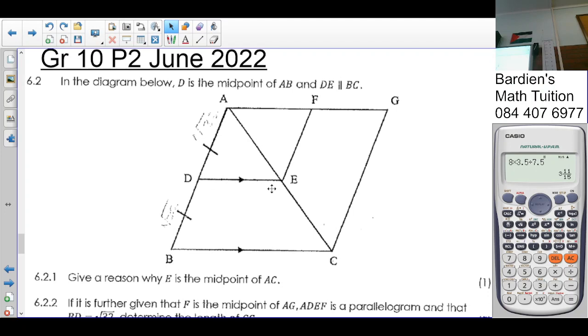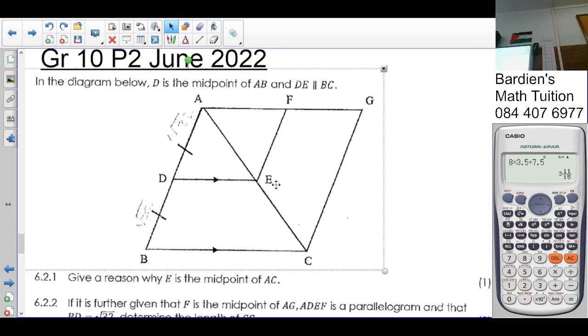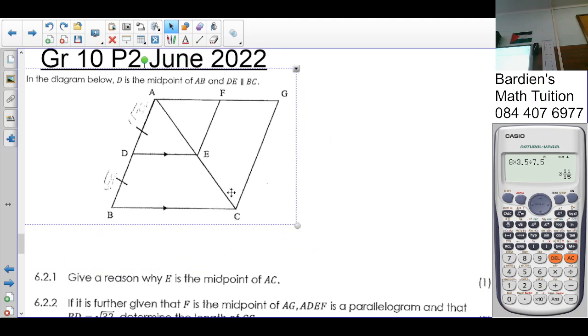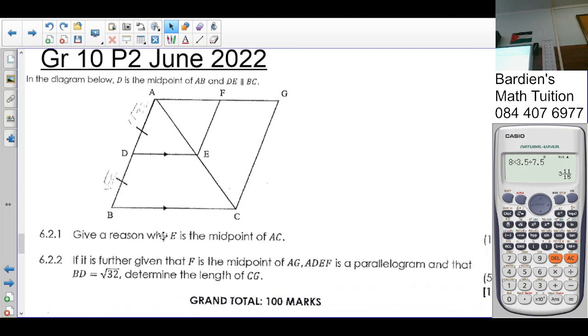In 6.2, we are told that in the diagram below, D is the midpoint of AB, and DE is parallel to BC. The question says, give a reason why E is the midpoint of AC.